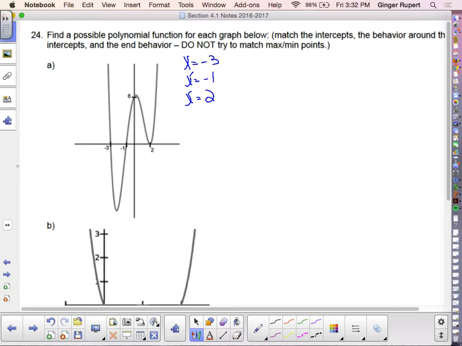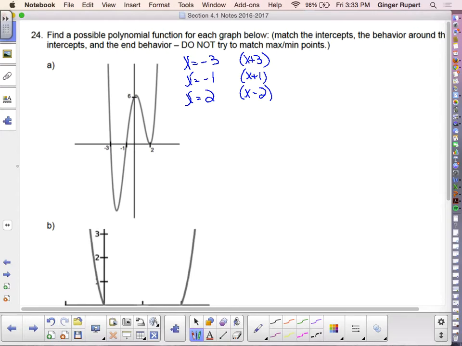So that tells me that the terms of my polynomial will be x plus 3, x plus 1, and x minus 2. Now look at the multiplicity on each. X plus 3 crosses, so it's raised to an odd power. X plus 1 also crosses, an odd power. And then at x minus 2, it touches, so it must have an even power.